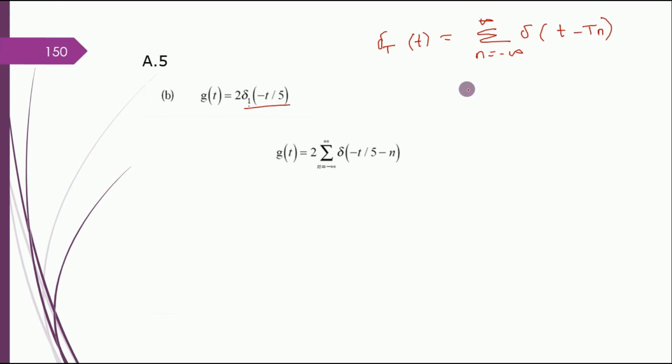I hope you remember this. Here I am having suffix 1, so I am writing 1 here, n. So in place of t I am having t by 5 minus n. This is the impulse train, if you don't forget. Just write the impulse train, scale it by 5. Just tell me what you get. So this also you take as an assignment.